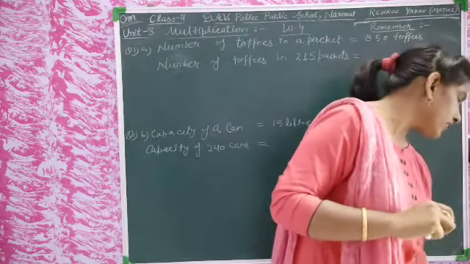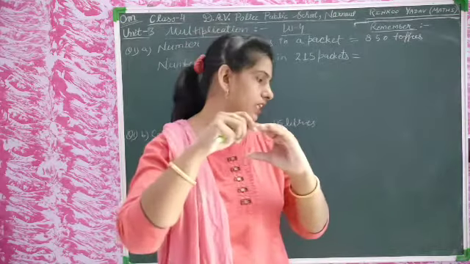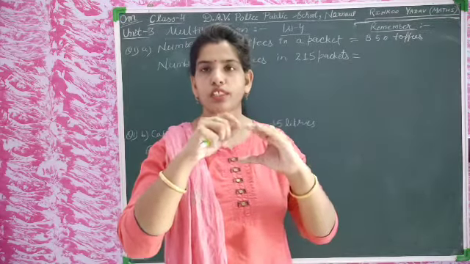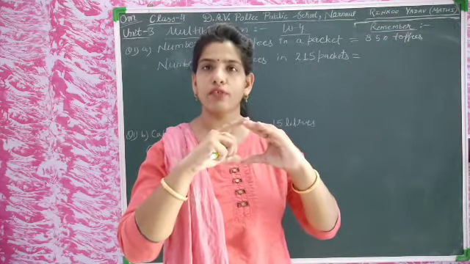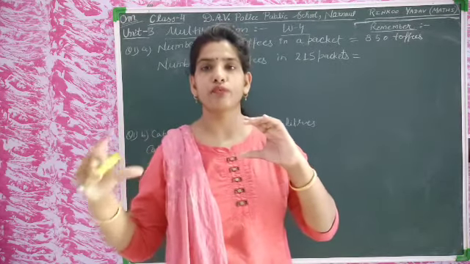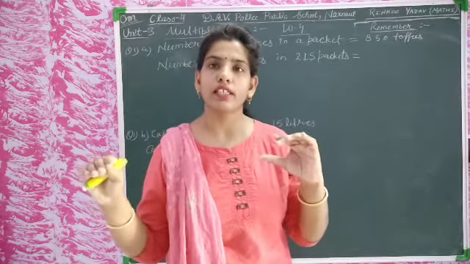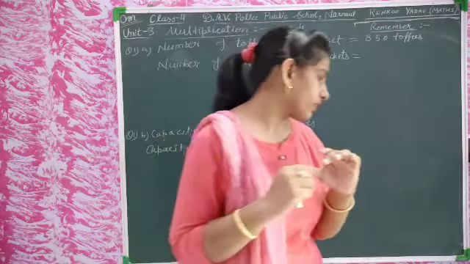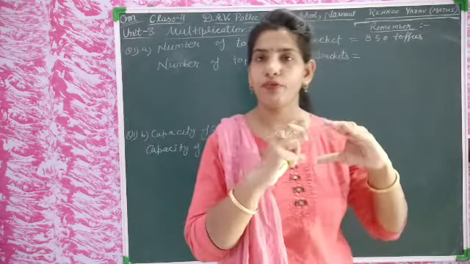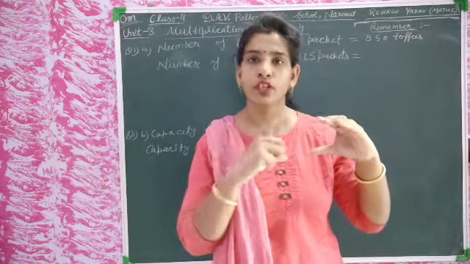So students, you are seeing here that there is one packet and it contains 850 toffees. One packet contains 850 toffees. Second packet as well, third, fourth, fifth, sixth packet. In total we have 215 packets. If we have 215 packets, how many toffees are there?